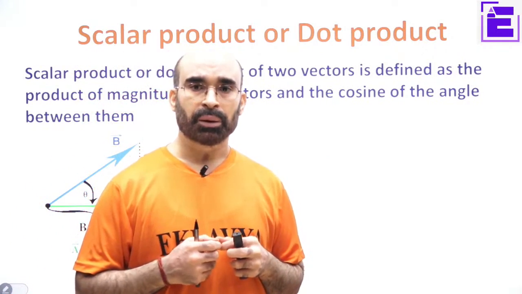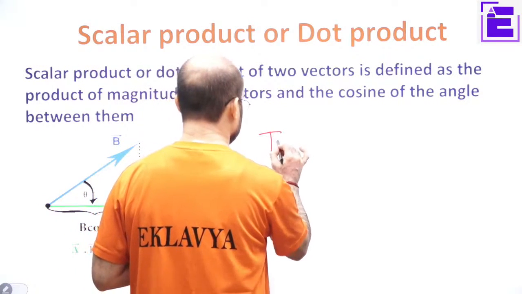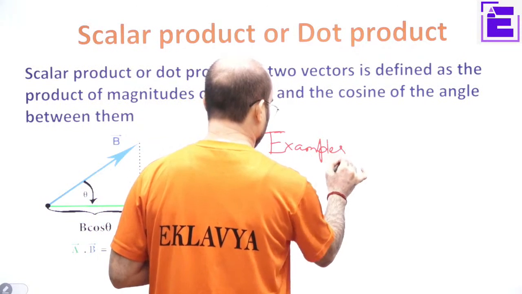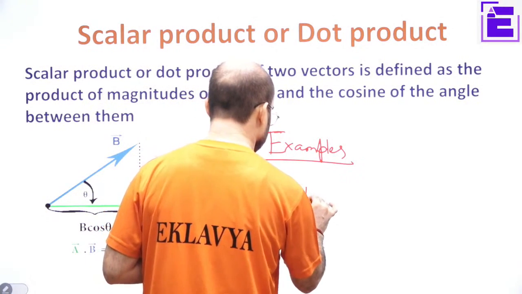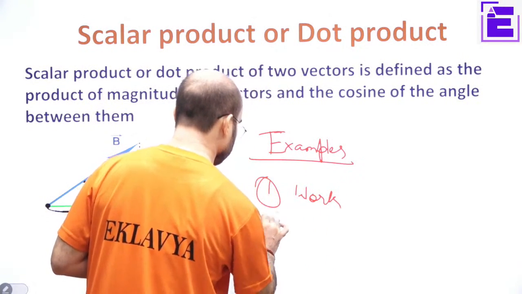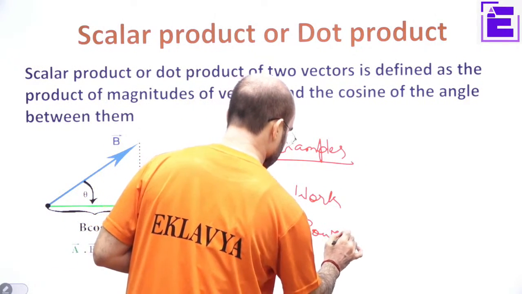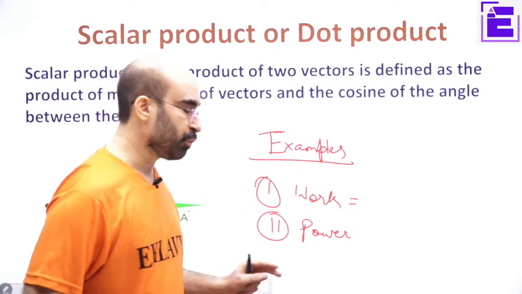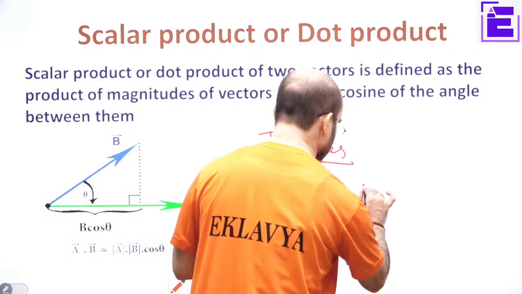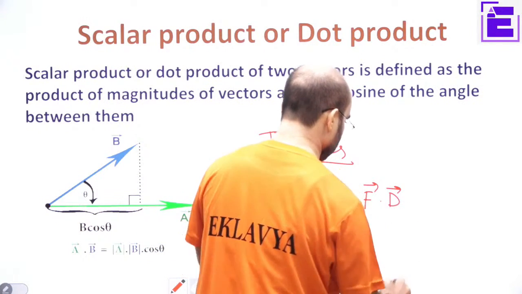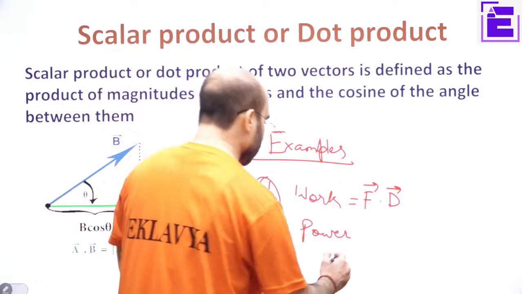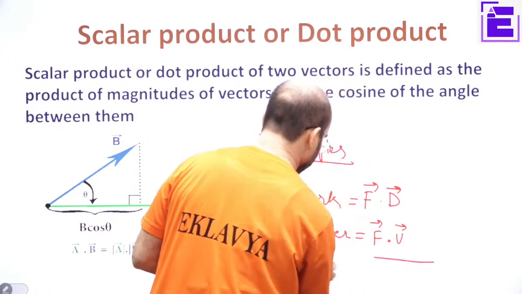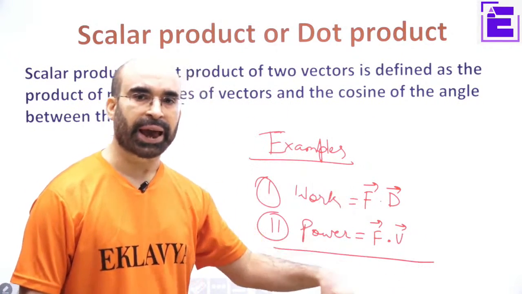Any example? Yes, two examples can be there. What examples? One is work, another is power. So work is the resultant of dot product of force and displacement. Power is the resultant of two vectors, force and velocity.